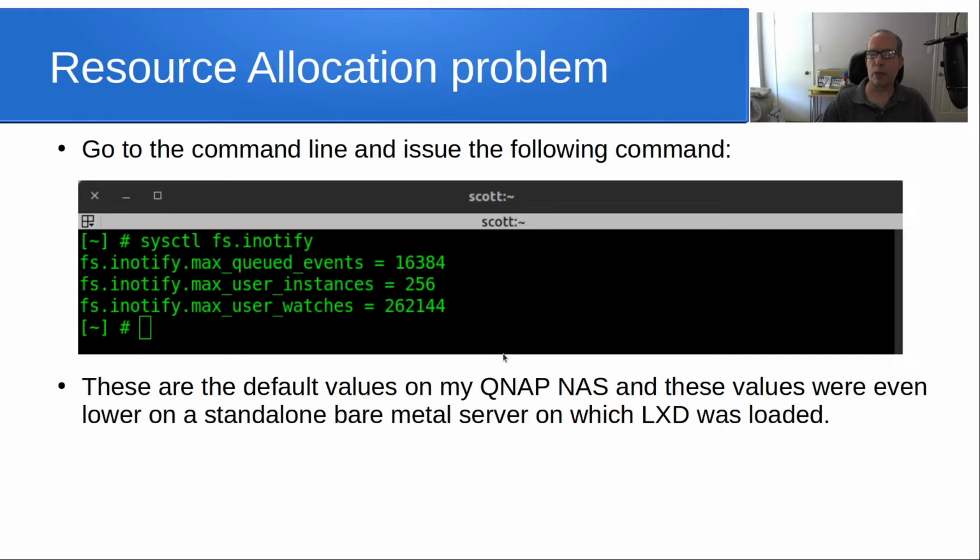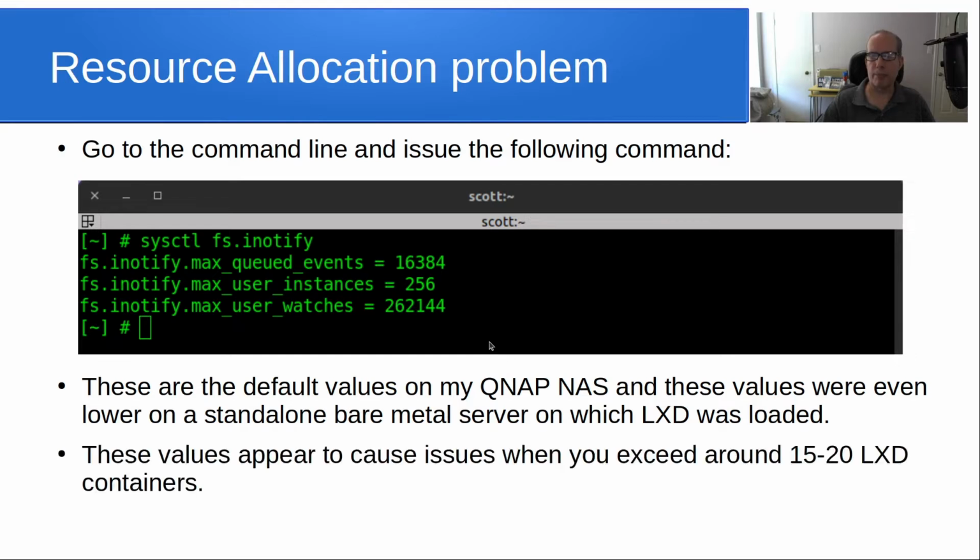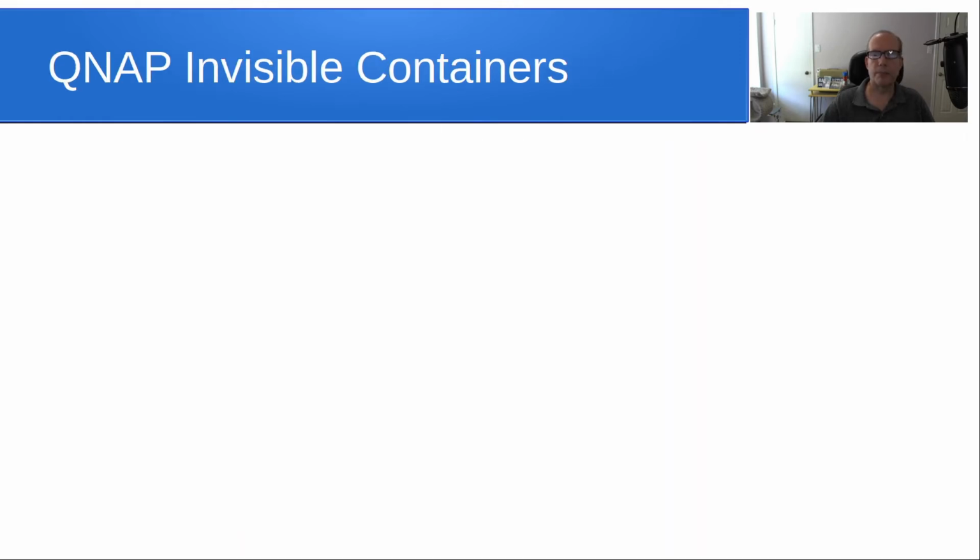These were even lower on a standalone bare metal server on which LXD was loaded. These values appear to cause issues when you exceed around 15 to 20 LXD containers. You may see errors sooner or later.